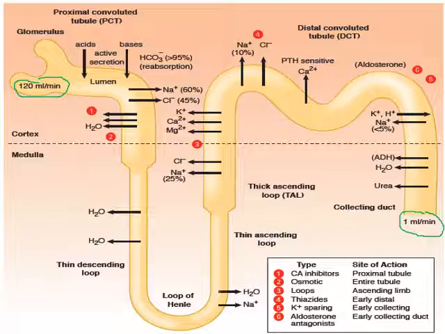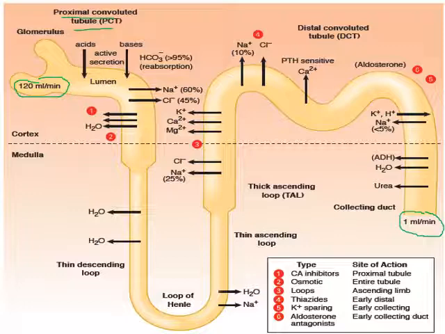So let us see what those sites are. First is the proximal convoluted tubule. When the ultrafiltrate passes through different parts of the nephron, first it passes through the proximal convoluted tubule, and here we can see different transporters.